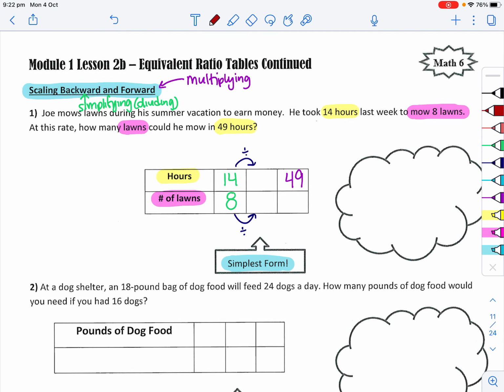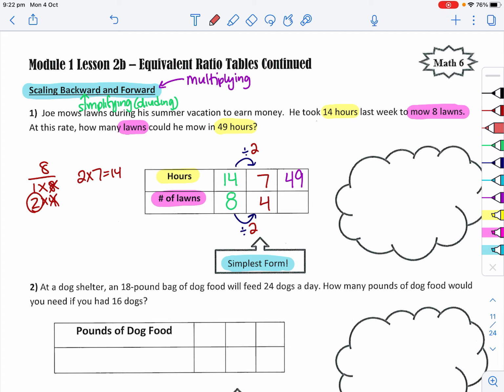So I'm going to divide by the greatest common factor. So I'm going to look at 8. 8 is 1 times 8 and 2 times 4. 8 does not go into 14. 4 does not go into 14, but 2 does. 2 times 7 is 14, so I'm going to divide by 2 on both the top and the bottom. 14 divided by 2 is 7, and 8 divided by 2 is 4.